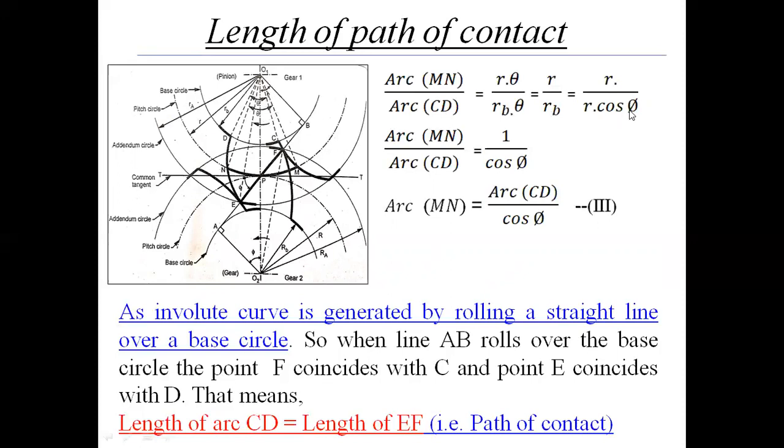It is not theta, it is phi, where phi is the pressure angle. That is RB in terms of pitch circle radius R, since cos phi is equal to adjacent side divided by hypotenuse. So the value of RB will become R cos phi.